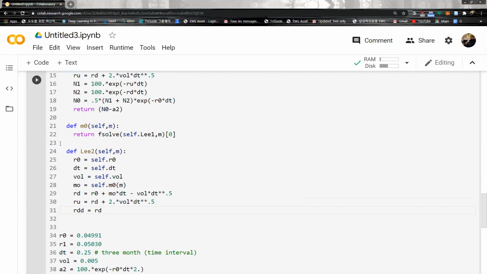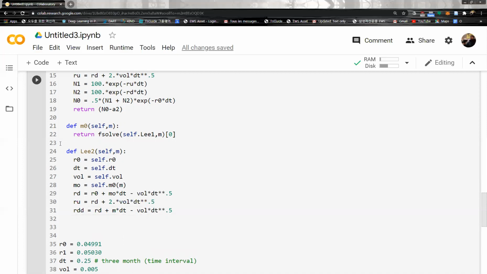But first we need the drift, of course, M multiplied by dt, and then minus 2 times dt to the power of 0.5, because it goes down. And then RDU goes up. It becomes RDD plus 2 times of this one, right? Same.